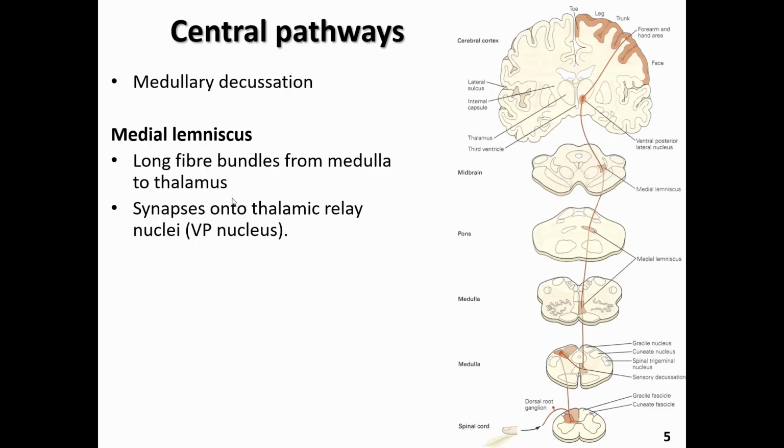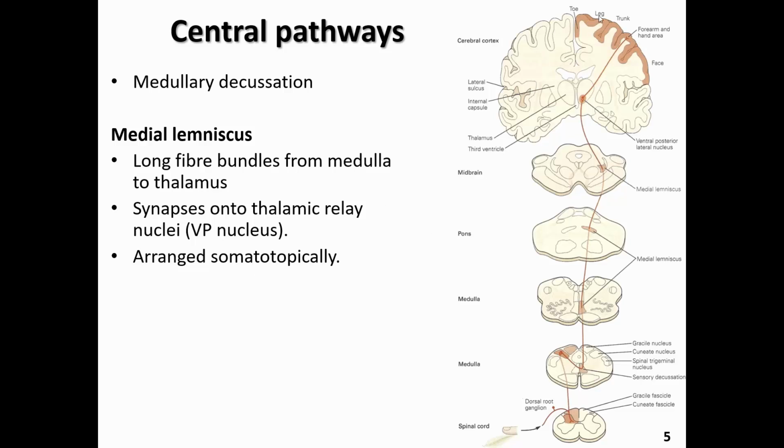And the thalamus is a portion of the brain that serves essentially as a relay station. So we have many synaptic connections, particularly in what's called the VP nucleus. So the nucleus here refers to a cluster of cell body neurons in the thalamus that will eventually communicate that sensory information to the cerebral cortex, where it's arranged somatotopically.